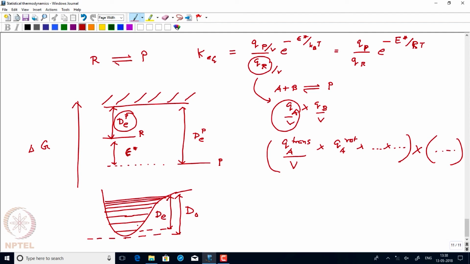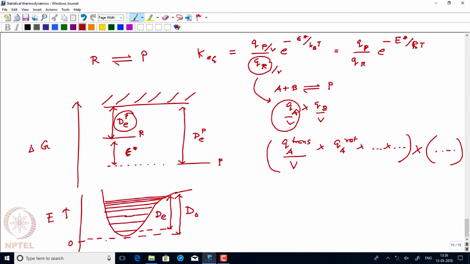So this DE already includes the zero point effect, because you are not starting from zero of energy. If I call this level the zero of the total energy, the electronic zero of energy, then you have the vibrational manifold on top of it. Each vibrational level will also have a rotational manifold, and each rotational level will have a translational manifold. That's how you describe the total energy of the system.